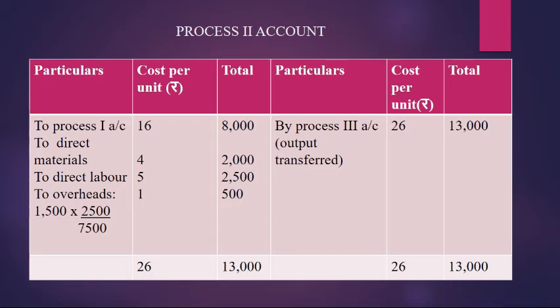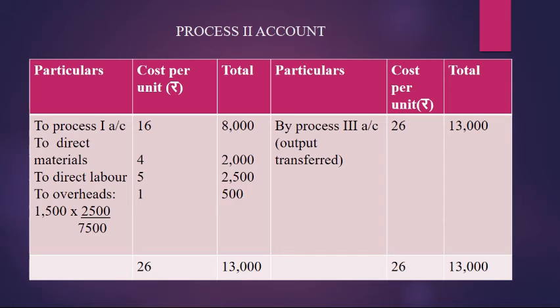Process 2. At the beginning we write to process 1 account 16, that is the carried forward amount, 16 and 8000, and to direct material rupees 4, 2000, and to labor rupees 5, 2500.